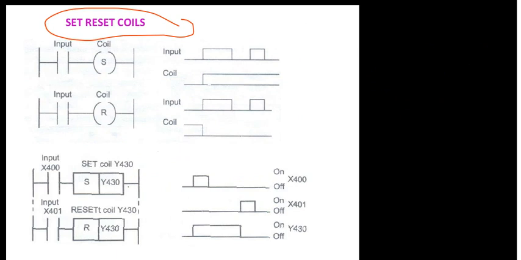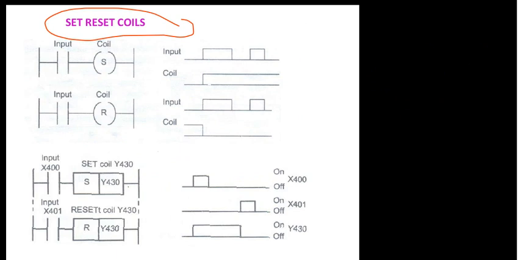Of course, you will be able to set or reset any specific operation by virtue of your input switches also, which we have already seen. But if you are able to structurize the setting and resetting of a particular operation with the help of the internal relay coils, then that would be more meaningful and that would add so many other advantages as long as the operation of the system is concerned using the PLC.